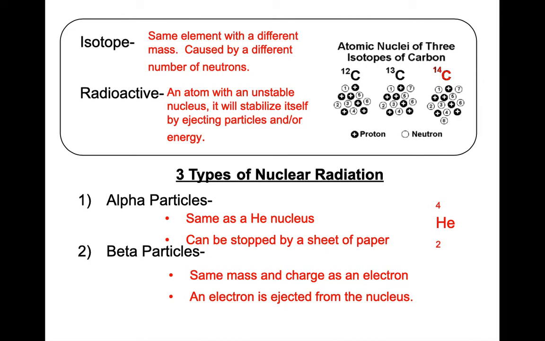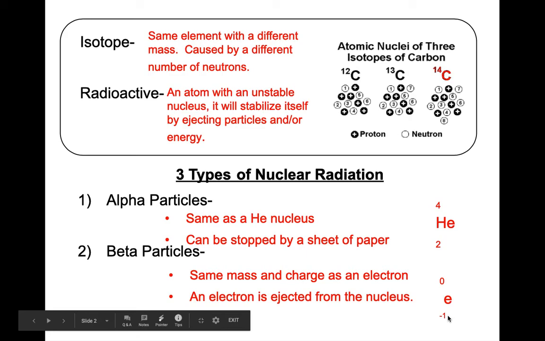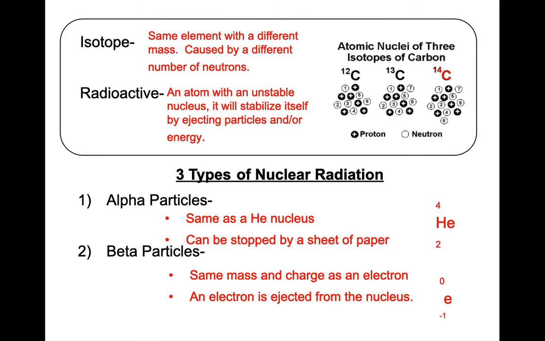When we are writing a symbol for a beta particle, we write it like this. The e stands for an electron, which has a charge of -1. And as you remember from chemistry, electrons don't really have a mass, or the mass is so small we ignore it. So they don't change the atomic mass.